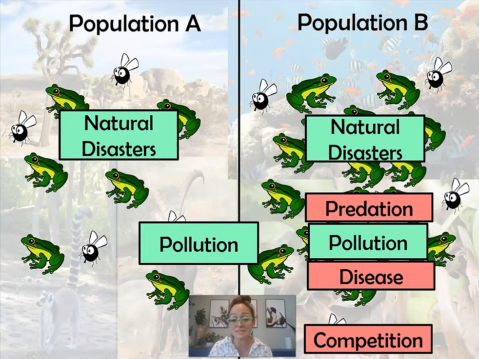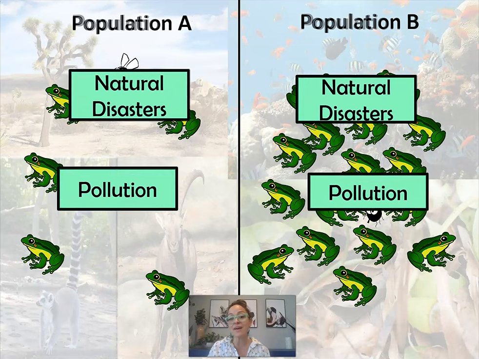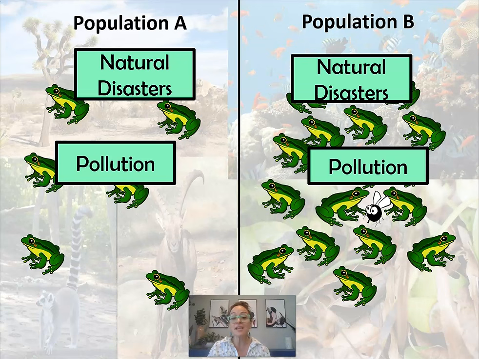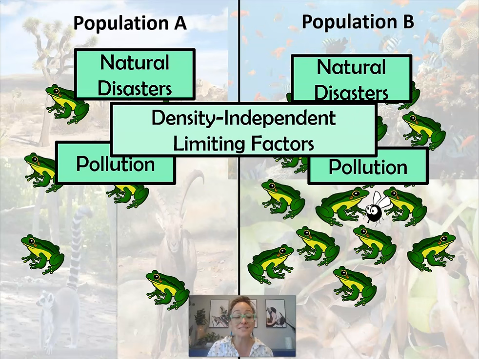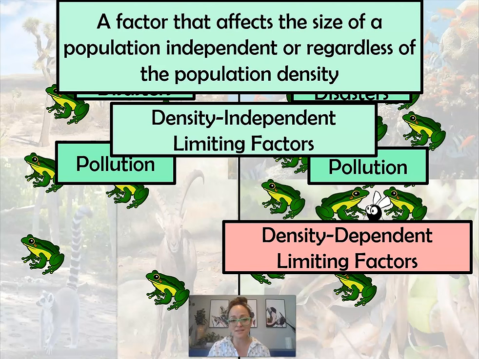So when we look at limiting factors, we can divide them into two categories. Here we have limiting factors that are density independent. They're going to have an impact on the population size regardless of the population density. And then we have ones that are density dependent.